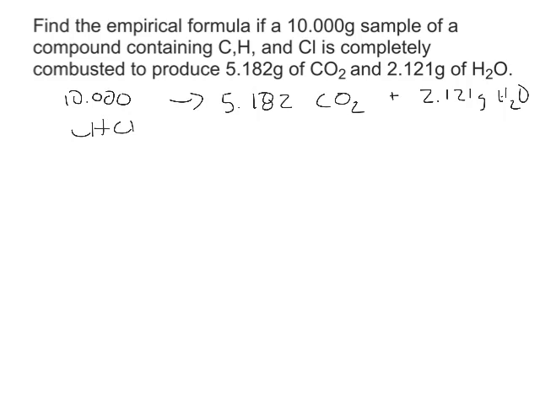I'm just completely not going to worry about what happened to the chlorine in the combustion. That's not a standard product for a combustion, so don't try and do anything chemically with it. We'll just solve for it by subtraction because we don't really have to worry about whatever it did in the combustion process.